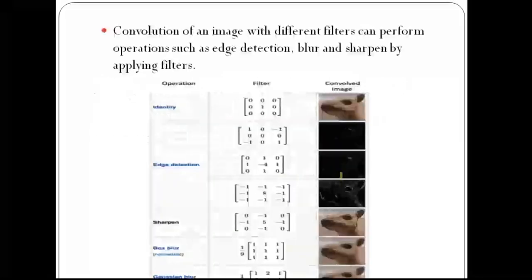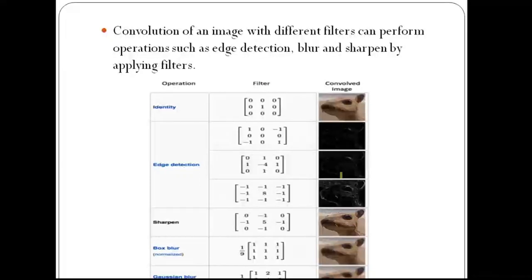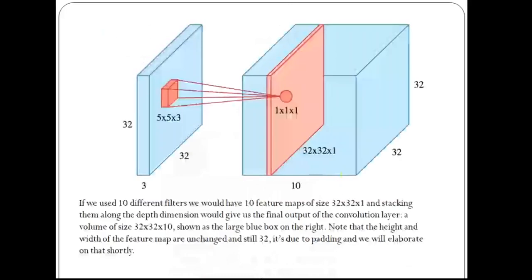So take an example. We generally use multiple filters on a single image, maybe the horizontal filter, vertical filter, or the edge detection filter, curve detection filter, or we want to see a blurred image, or sharpen the image. So we apply various types of filters on a single image to identify the object.